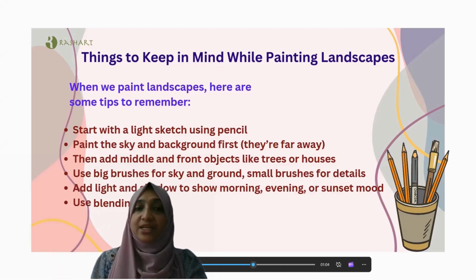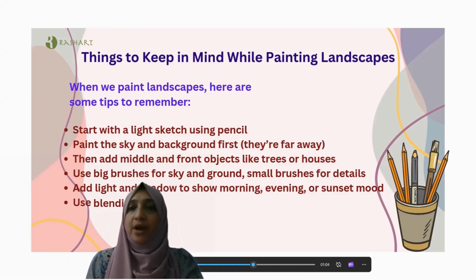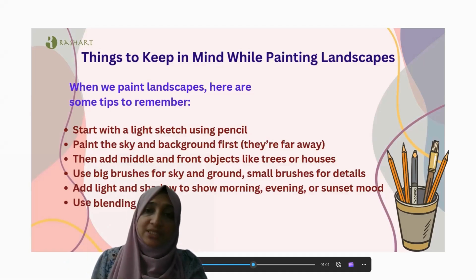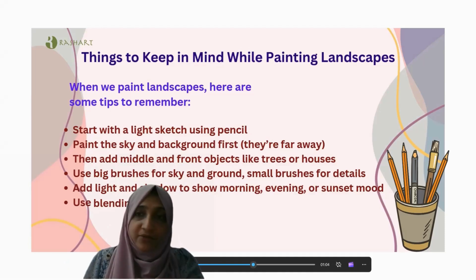Those are the first things we have to paint, because they are the far away elements. Then add middle and front objects like trees or houses. We have learned in the previous slide that you have to place trees, houses, mountains, and water, such elements, in the middle of the landscape.